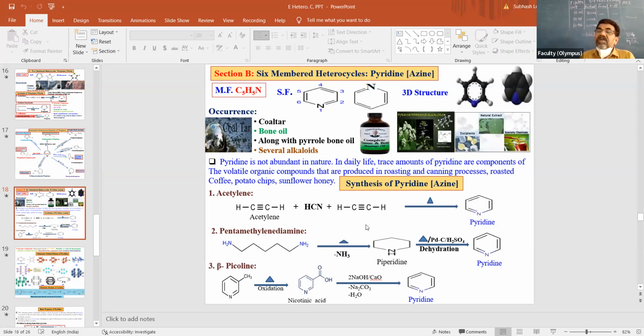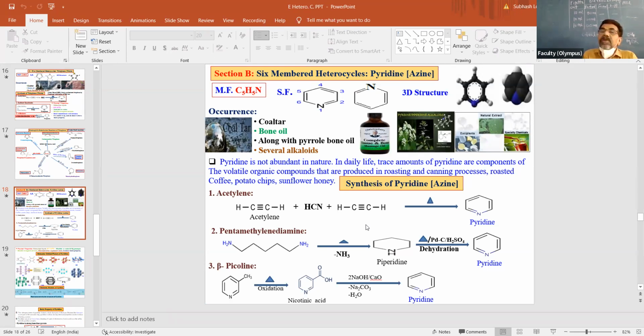So, synthesis of pyridine. There are 3 methods. First, 2 moles of acetylene, as in thiophene where we also use 2 moles of acetylene and sulfur. Here we have only one extra reagent: 2 moles of acetylene treated with hydrogen cyanide, HCN.